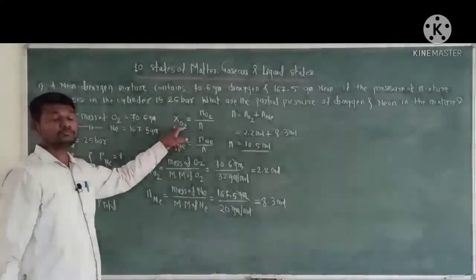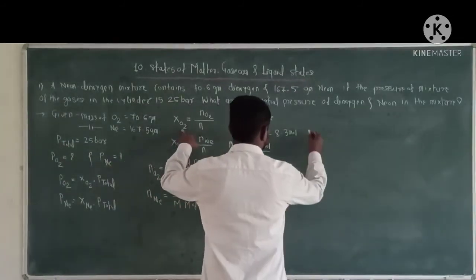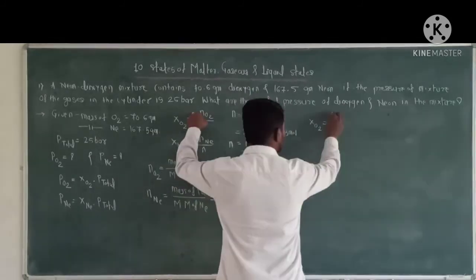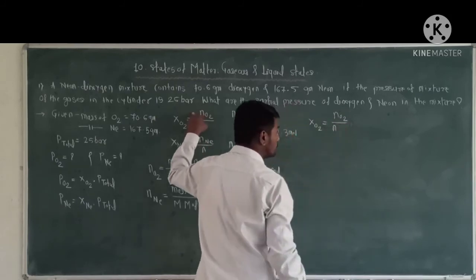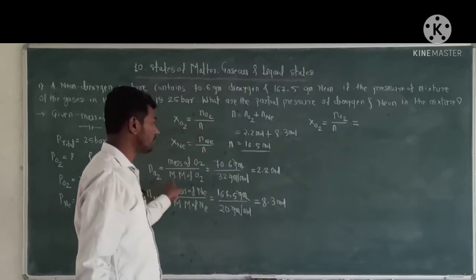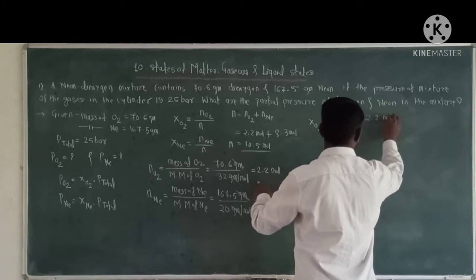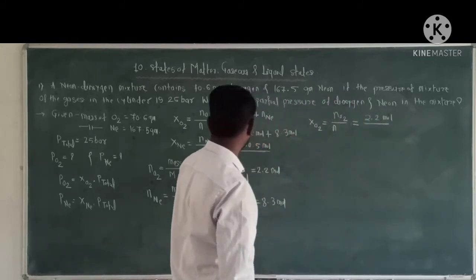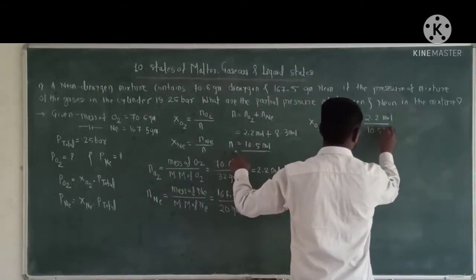Okay, then calculate the mole fraction of dioxygen. Mole fraction of dioxygen is given by the equation: number of moles of dioxygen divided by total number of moles. The number of moles of dioxygen is 2.2 mole divided by total number of moles N, which is 10.5 mole.